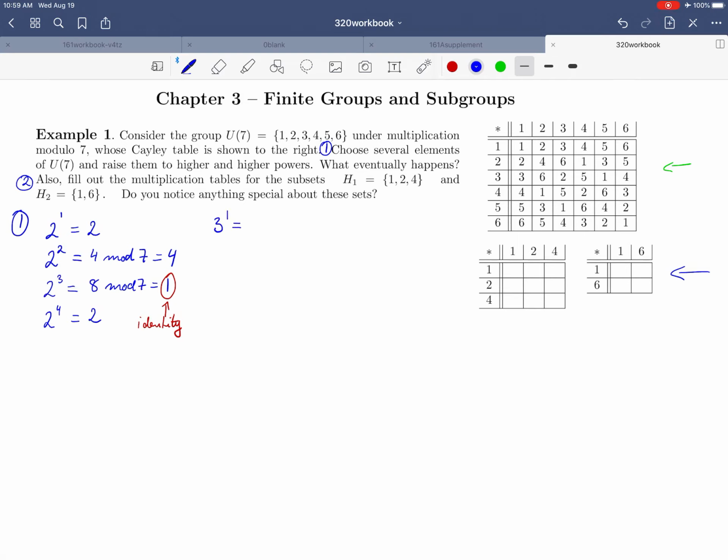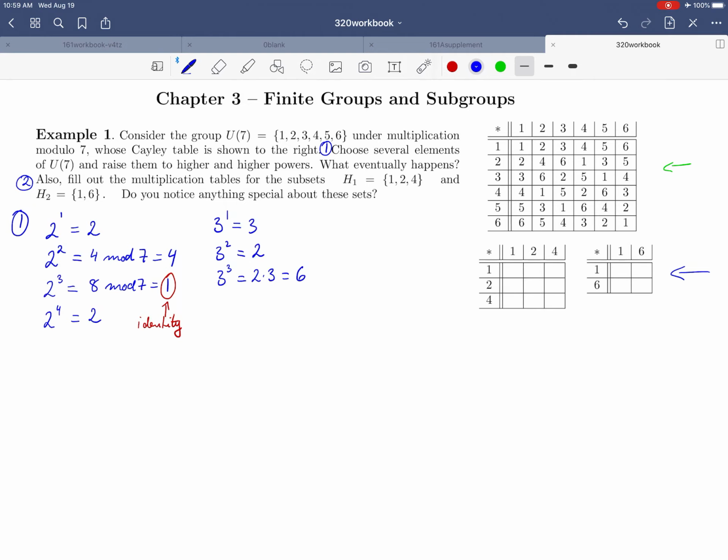Let's look at 3. 3 to the first power is 3. 3 squared is 9, but 9 mod 7 is 2. And what about 3 cubed? It's 3 squared times 3, so that is 2 times 3, since we already computed 3 squared, and that is 6.